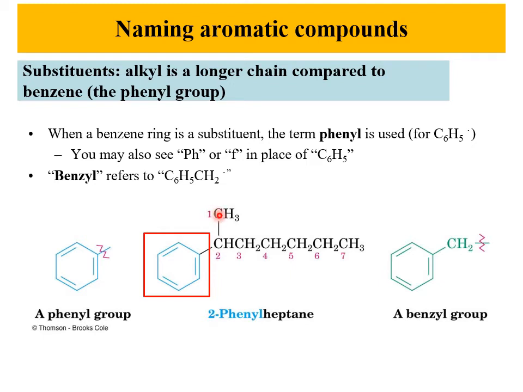So you must start numbering from the left, which is 1, 2, and now the substituent is located at carbon number 2. So the name will be 2-phenylheptane. You will not start numbering from the right, whereby if you start number 1 here, you will get 6-phenylheptane, which is wrong.